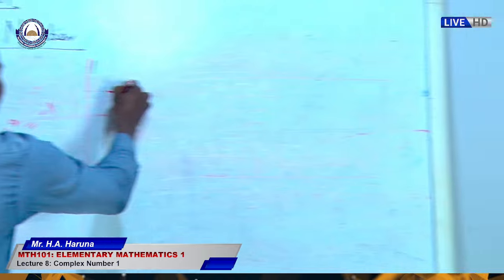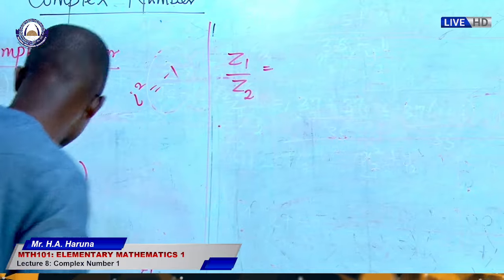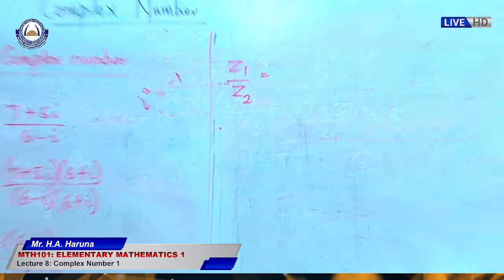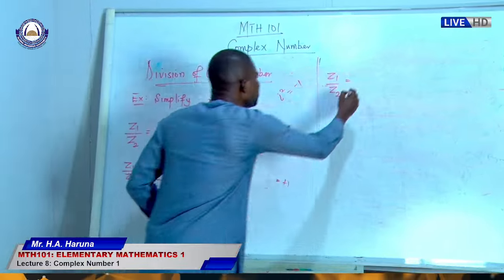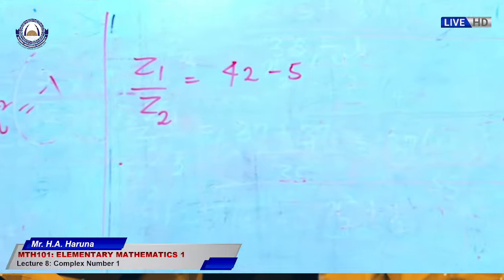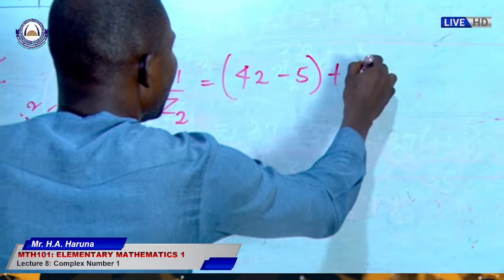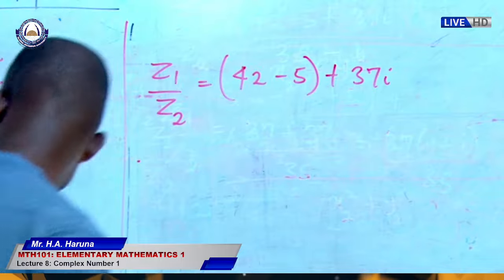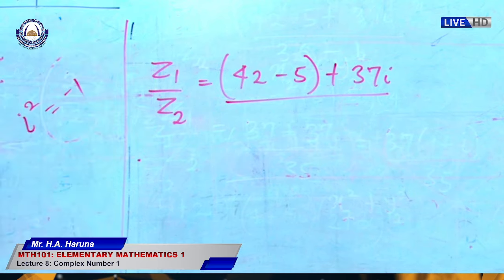Now you have Z1 over Z2 equals 42. Now this is going to give you minus 5, because i squared is minus 1, and minus 1 times 5 is minus 5. So 42 minus 5, then plus 37i, when you add 7 plus 30, 37i, over 36 plus 1.